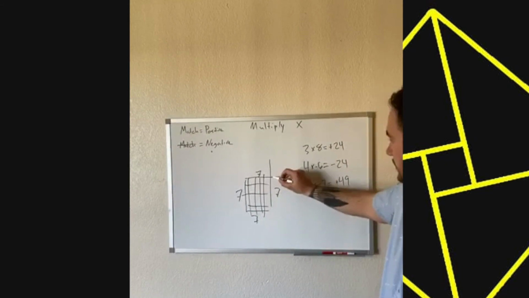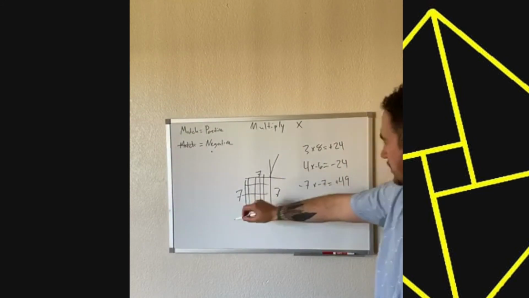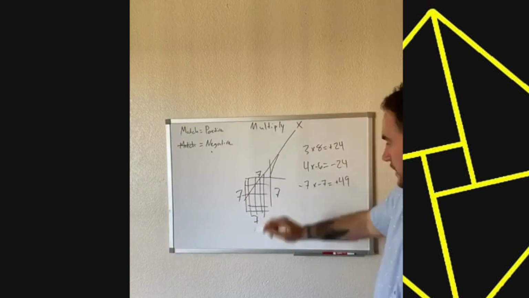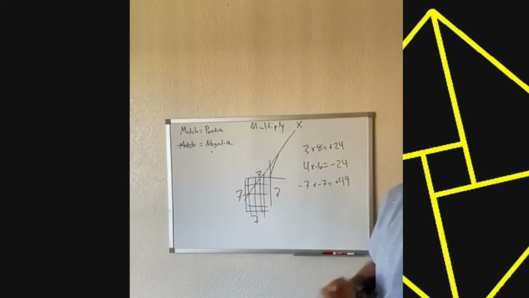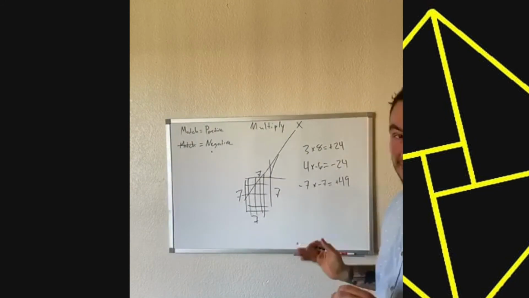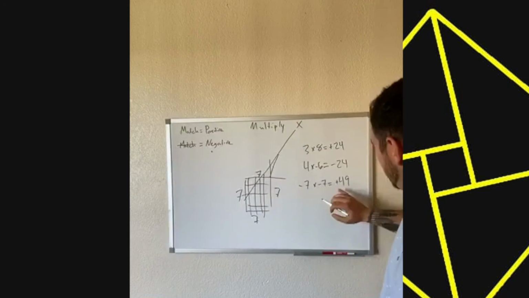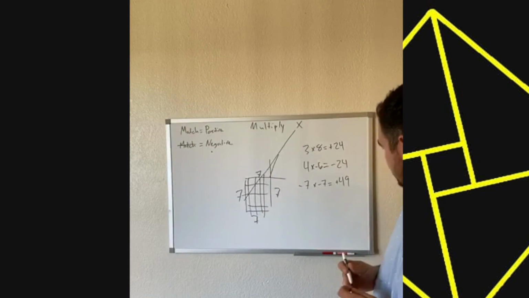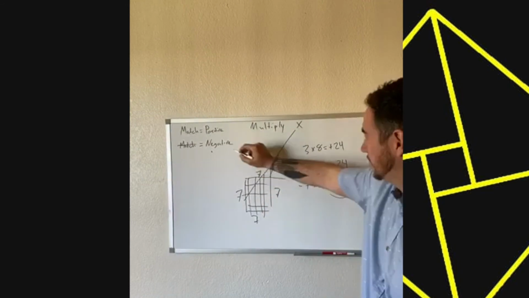And they're going to be positive because they're along this axis, which is actually a positive slope, which is calculus side of things. And we don't need to get there just yet, but that's the general idea. So 49 is positive because the signs match.